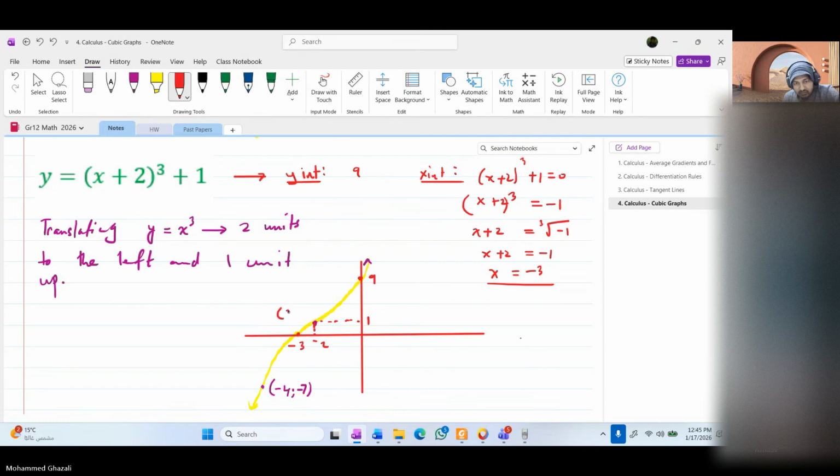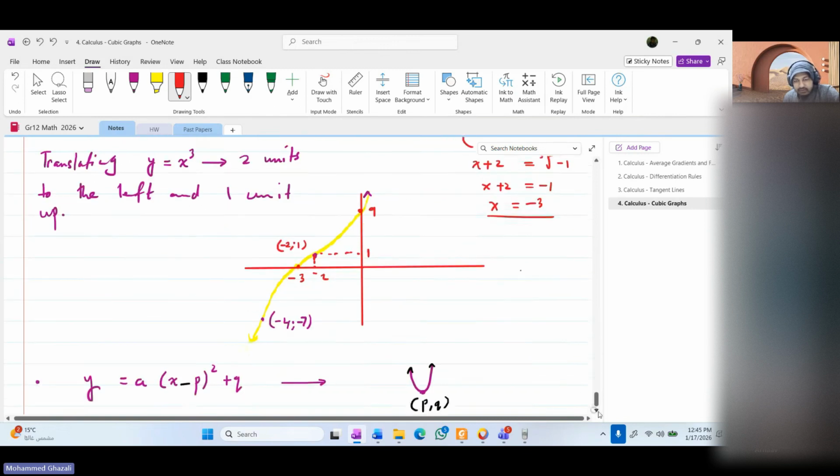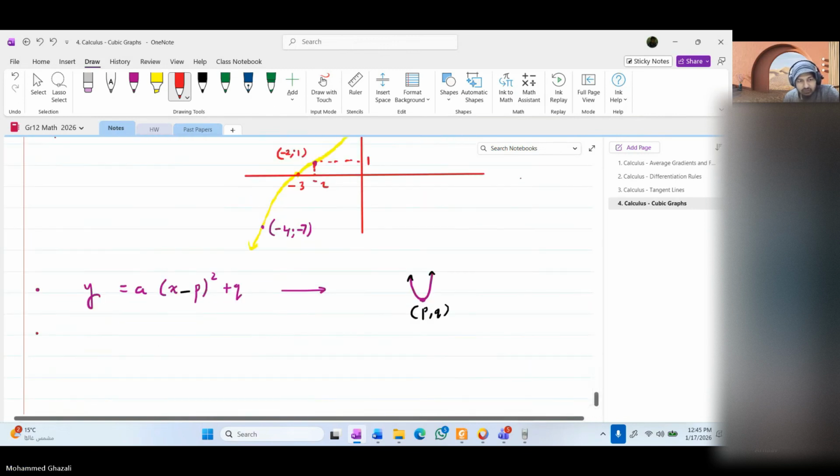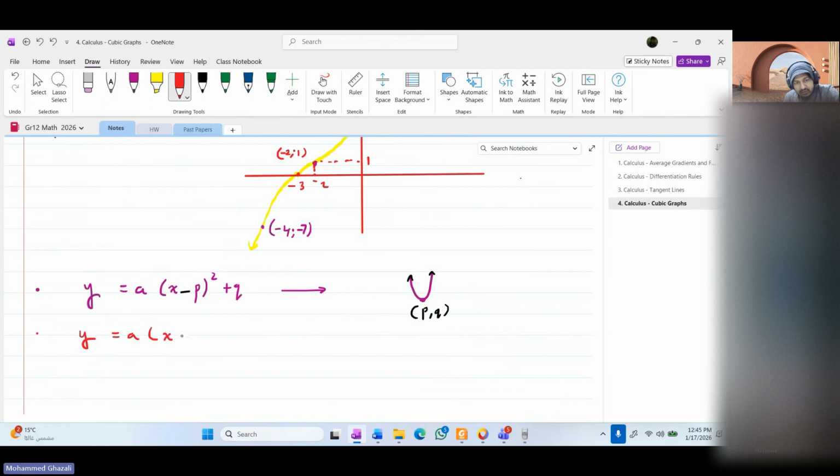So let's look at this cubic function over here. What if we put this (x minus p) all cubed plus q? So in a cubic, what does this represent? It represents a single curve, right? A single curve with a concavity change, right?